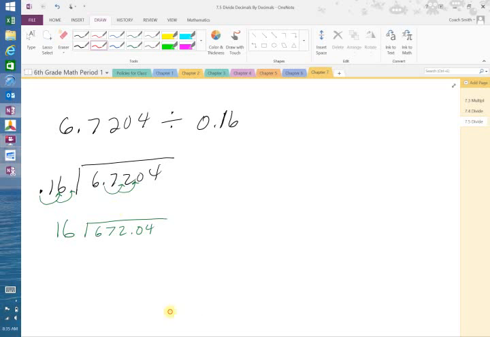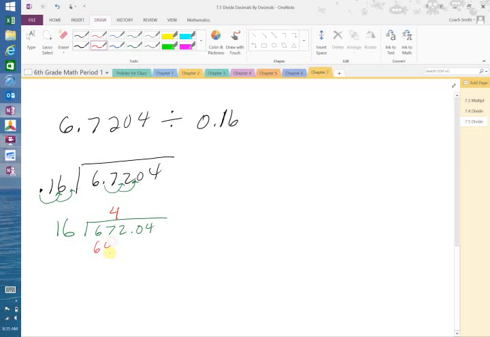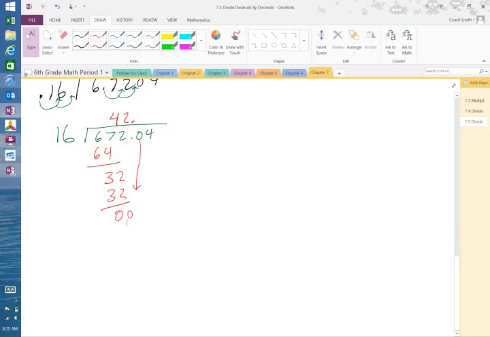Yeah, 4 times. 4 would be 64. Remainder 3. Bring down my 2. Okay, 16 into 32. 2 times. Be 32. Remainder 0. Bring up my decimal. Bring down my 0.